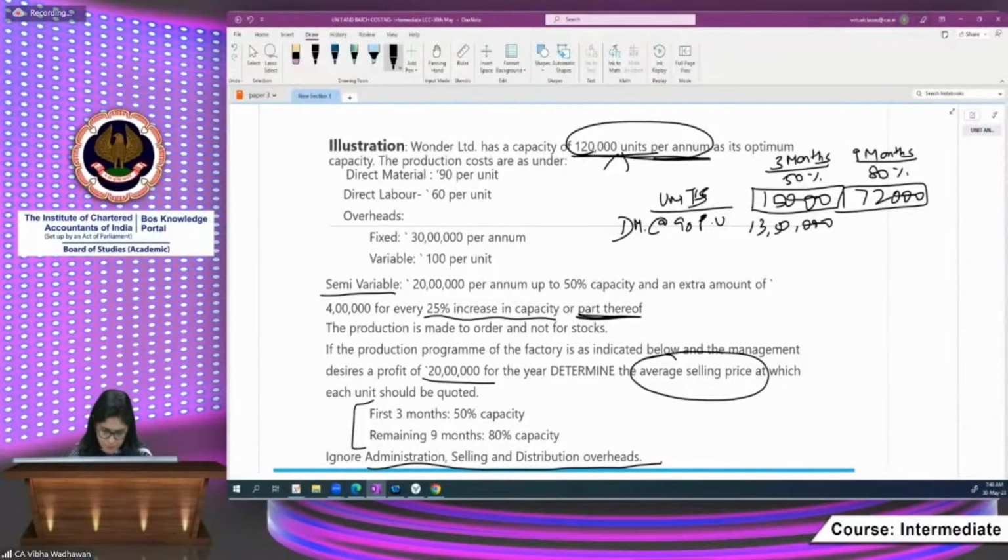And labor. 64,80,000 is your direct material for 72,000. Then come to direct labor at the rate of 60 per unit. So calculate direct labor, please. Can I have the figures for direct labor? Okay, Bhumika, you have calculated 15,000.